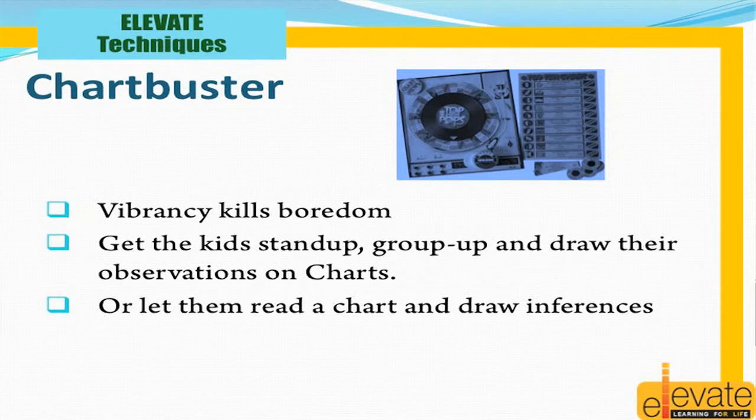This is another technique where the child is seeing a chart and then reading that and coming to some kind of information. This is Chartbuster, which can help in vibrancy and kills boredom. Get the kids to stand up, group up and draw their observations on a chart, or let them read a chart and draw inferences.